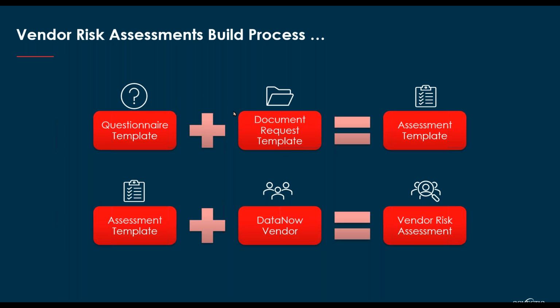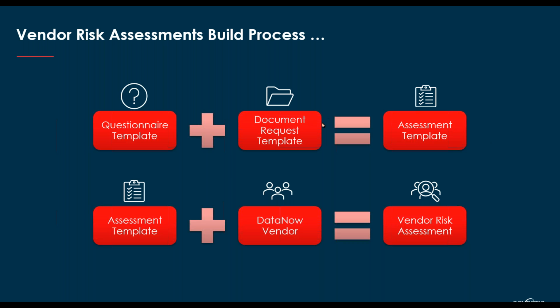So you create your library of questionnaires and document templates, and then you draw upon these resources to create different types of assessment templates. For example, you might want to assess your strategic partners differently than you would assess, say, your just-in-time product suppliers.